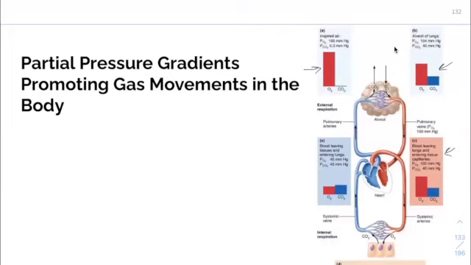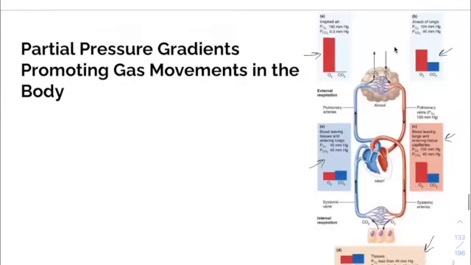When the blood is leaving the lungs, when the blood is in the capillaries, what these pressures are, and when that blood is leaving the tissues, where these pressures are. They change in all different places, depending on where they're at and depending on what is needed. Our tissues need oxygen when it's in the body. Our blood needs oxygen in the lungs. So pressures are going to be different depending on where we're at.